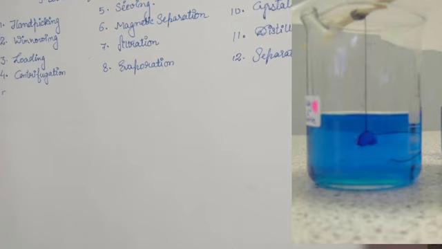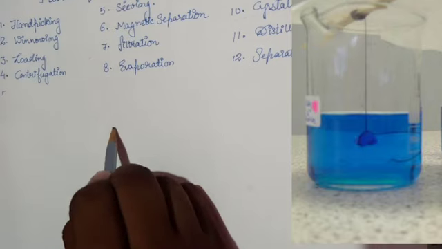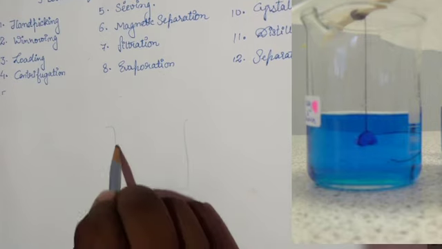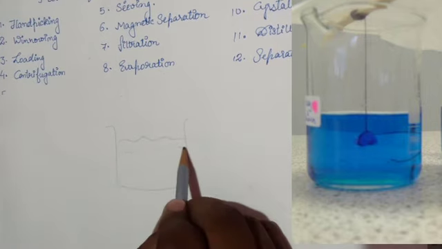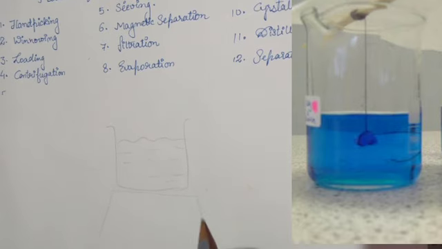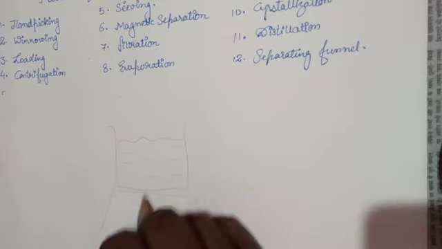We take a solution of copper sulfate salt in a beaker. This is a saturated solution of copper sulfate. We put it on a Bunsen burner and we heat this up.